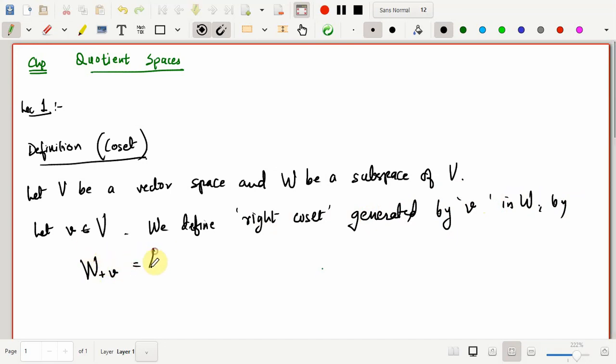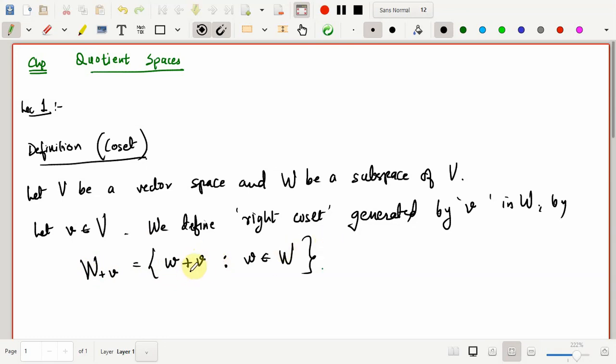It's a set of the vectors in V of this form with respect to the small fixed v. It collects all the elements of the form w plus v, where v is in the second position and w is in the first position, with w varying over all of W. So it's trivial that the number of elements in this set will be the same as the number of elements in capital W, because the set is varying only over w, and the second element always remains fixed.